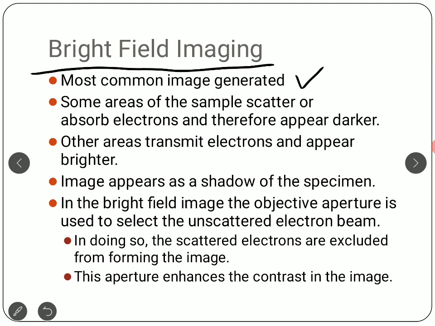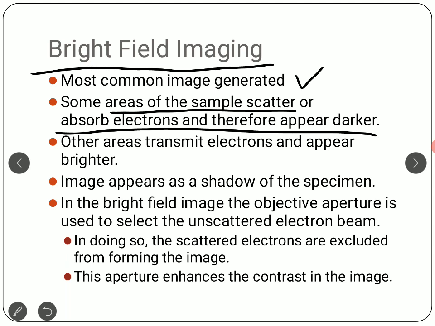Some areas of the sample will scatter and absorb electrons and therefore appear darker. If you remember, in the last class I told you about a mesh or lattice connected to a window, and you are shining a torch on it, and the lattice points appear dark on the screen. Here also it's the same. In bright field imaging, the area of the sample scatters and absorbs the electrons and therefore appears darker.